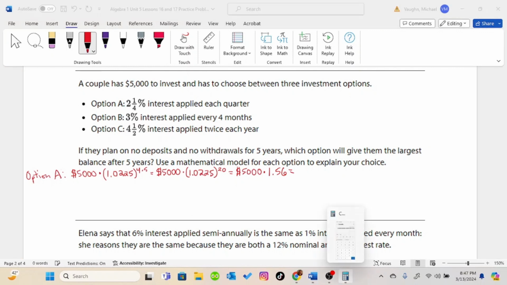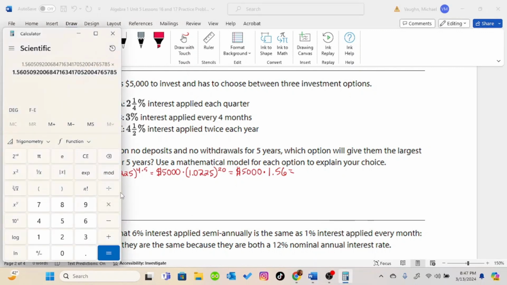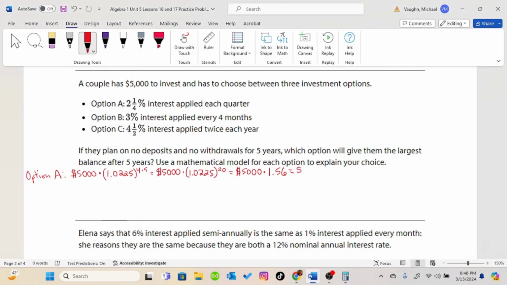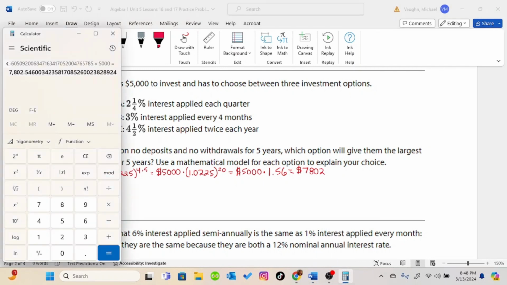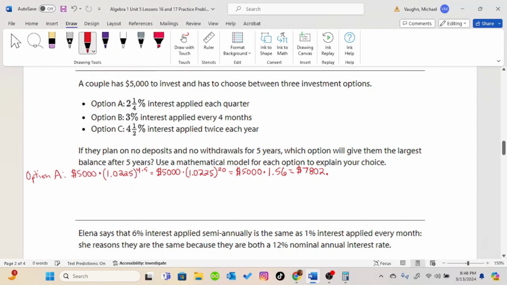And now we multiply that by the original 5,000. And this is worth $7,802 and 55 cents.